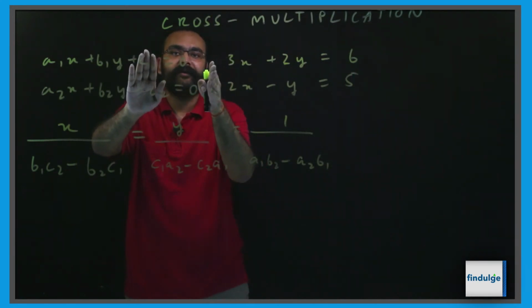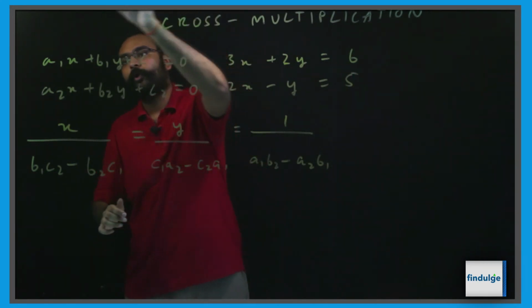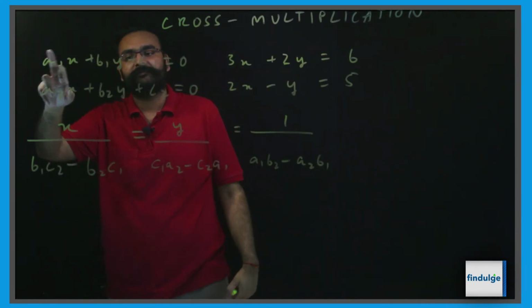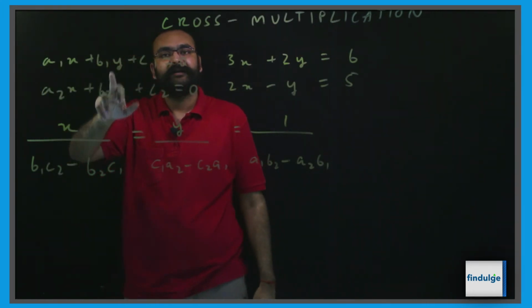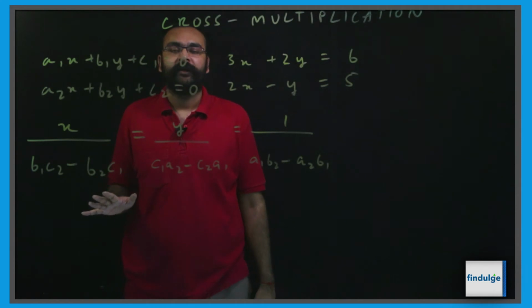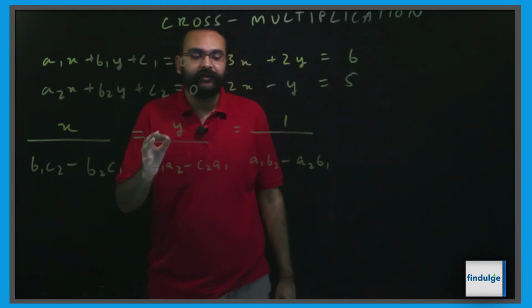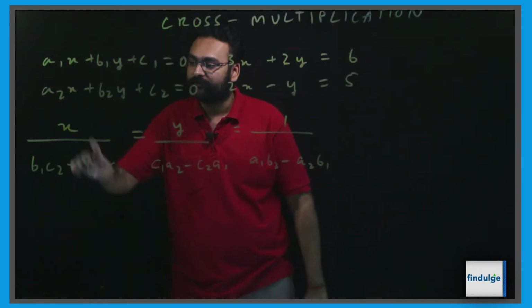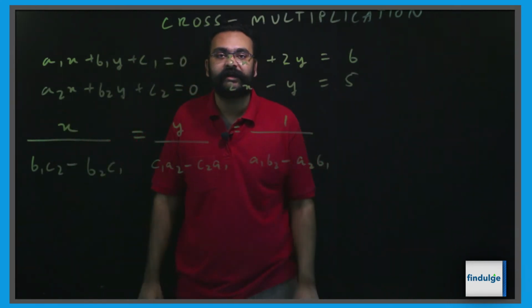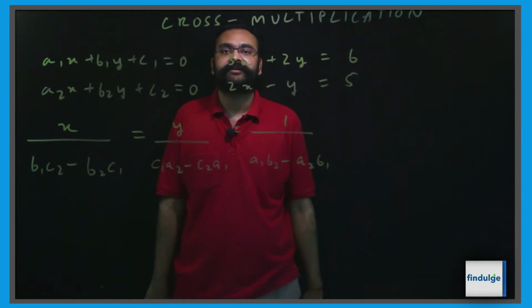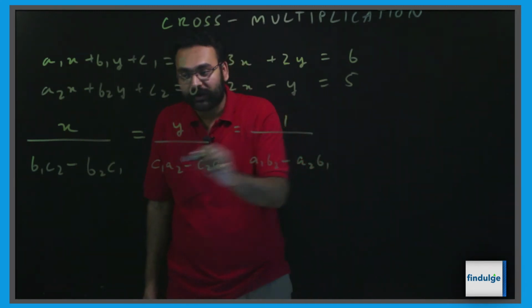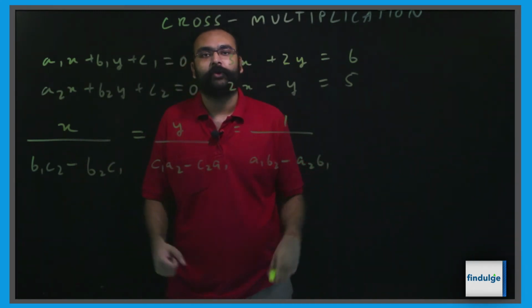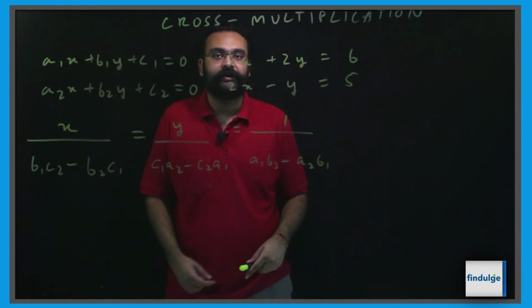If I move to the right, equation finishes, loop back around, a1 comes, a1b2 minus a2b1. So the purpose behind this method is this fraction will just be numbers. So we will set our first fraction equal to this, our second fraction equal to this, and by cross multiplying, we will solve. So let's apply it over here.